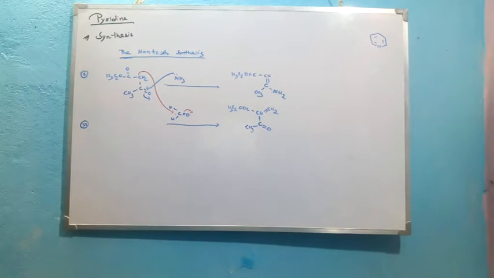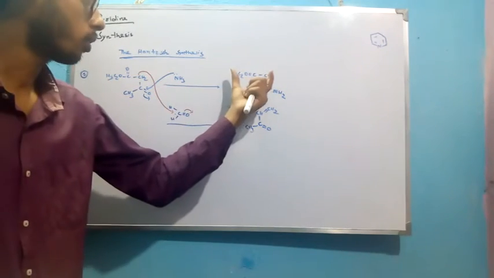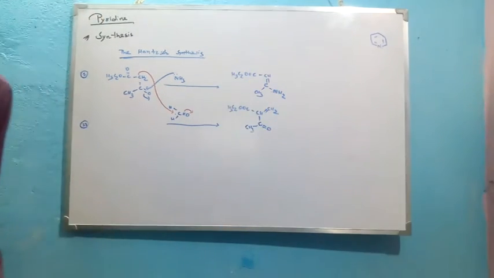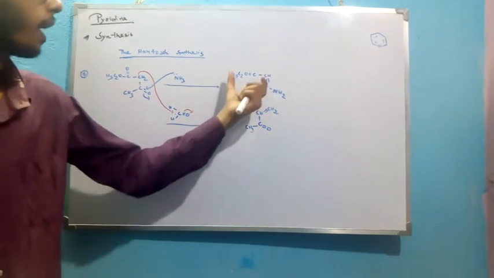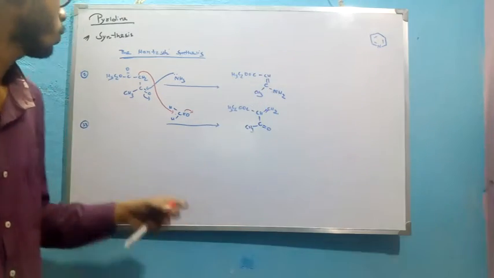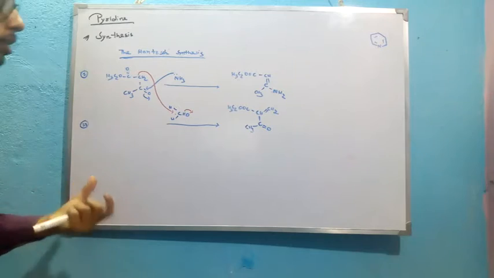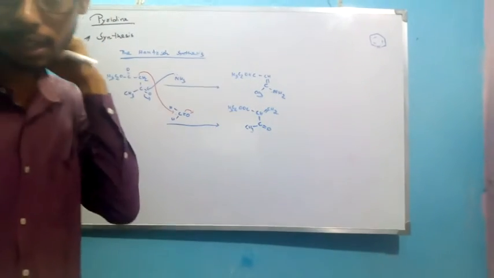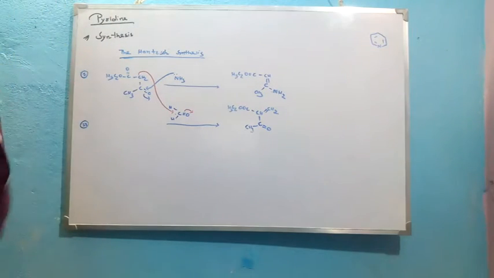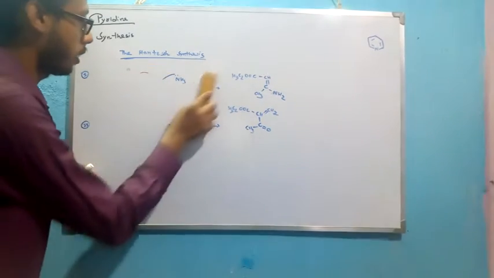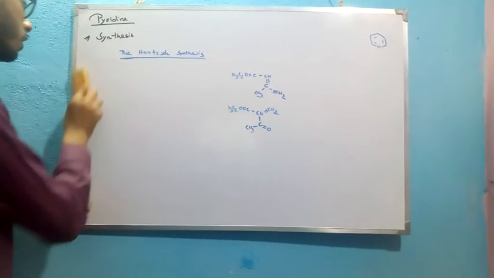The final step is the reaction, or you can say the addition, of the two compounds obtained from step 1 and step 2, and this is known as a Michael type of addition. Let's draw the third step.